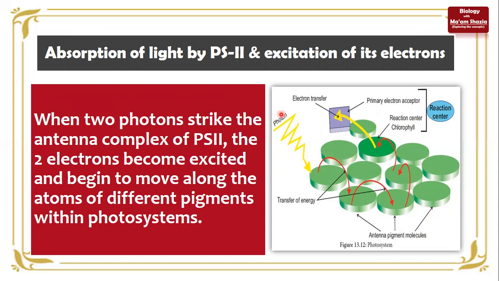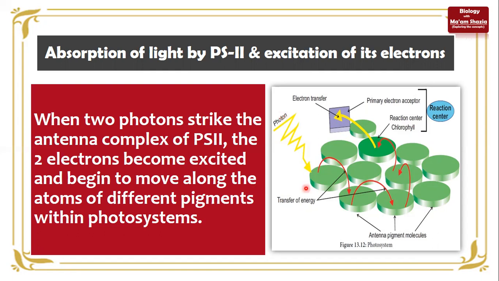So, what is a photon? A photon is actually a source of light, an energy packet. This energy does not have any mass or any charge. That's why it is just called an energy packet in the form of heat.